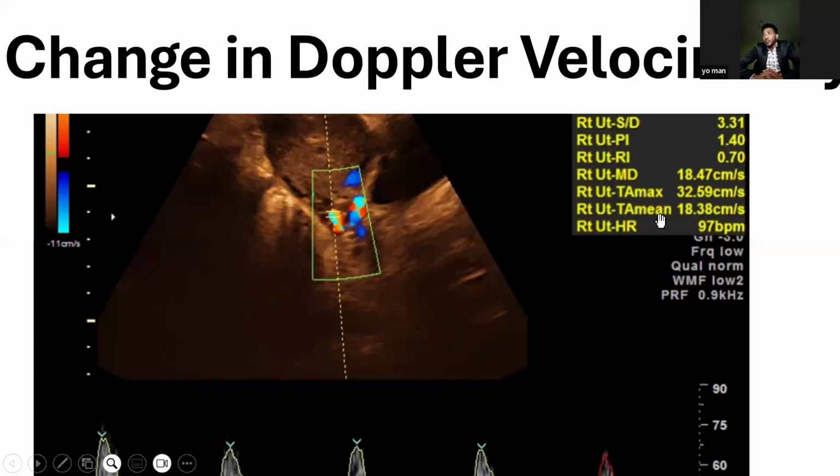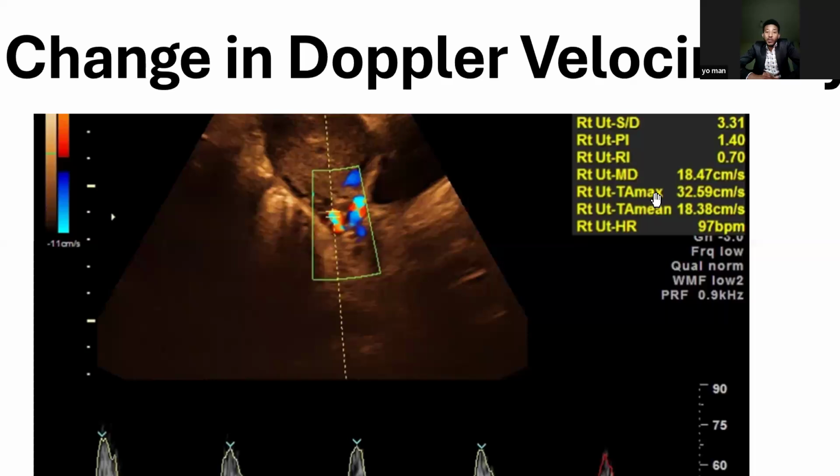As I told you in my previous lecture, you have to check whether the PI is calculated based on TA max or TA mean, because the two parameters are different. The formula for PI is systolic minus diastolic over time average maximum velocity or time average mean velocity.